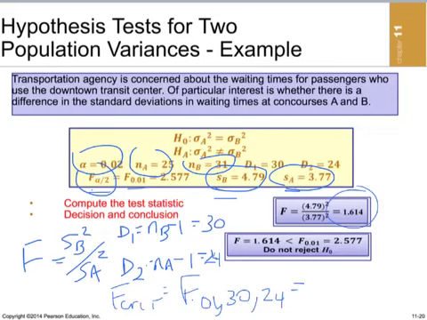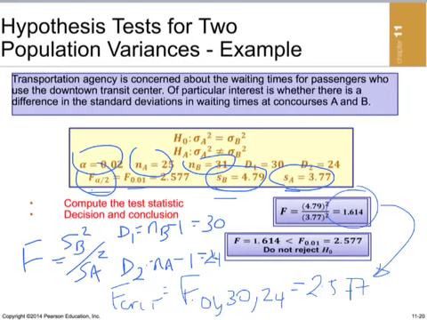So that turns out to be 2.577. As you can see, our observed value is not larger than that, it's less than that value, so therefore we have insufficient evidence that the variances are different. We will not be able to reject the null hypothesis in this case.